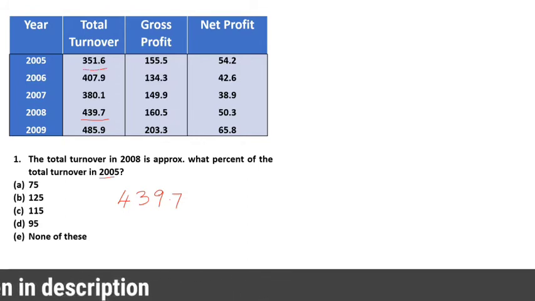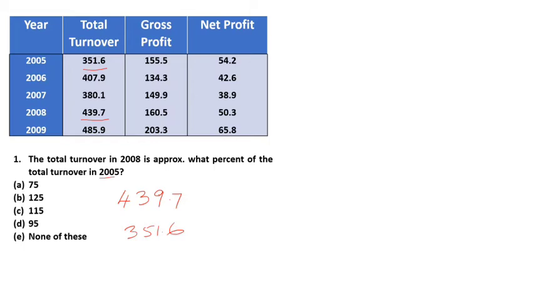So that value also let us take, 351.6. So what is asked here? The total turnover in 2008 is what percentage of the total turnover in 2005?